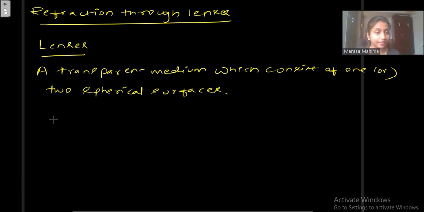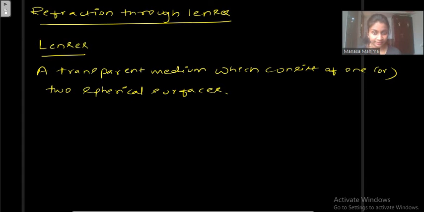A transparent medium means the medium that helps the transmission or free flow of light. That kind of medium is called a transparent medium, right? So a transparent medium which consists of one or two spherical surfaces is called a lens.